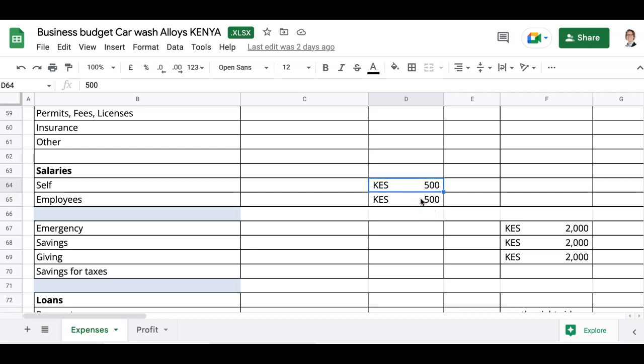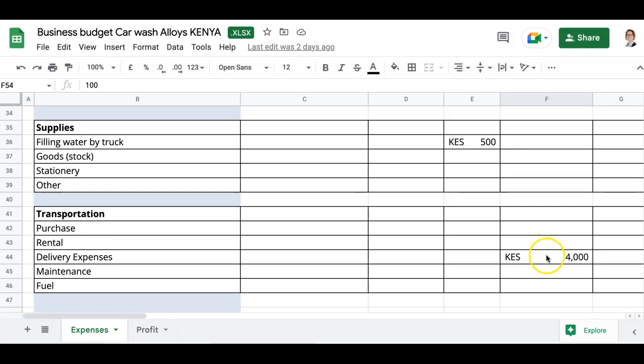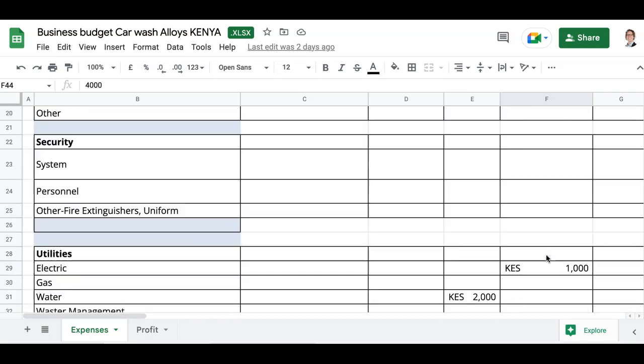So he pays himself 500 and employees pay 500 as well. Then there were no emergencies as well, emergency savings and giving. So we have emergency savings and giving for 2,000 a month. Social media 100 a month. Delivery expenses 4,000 a month.